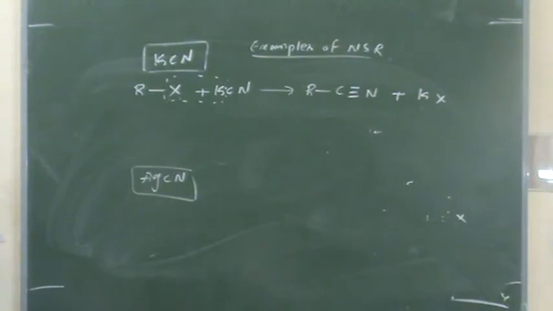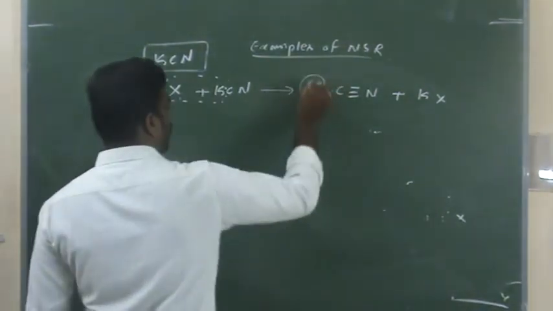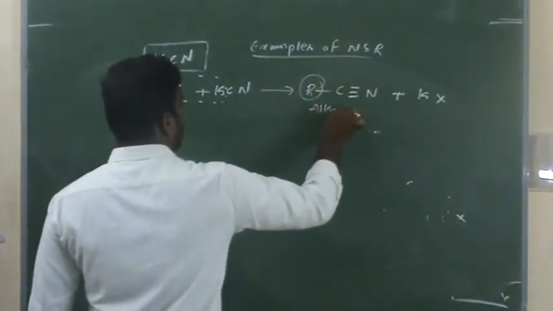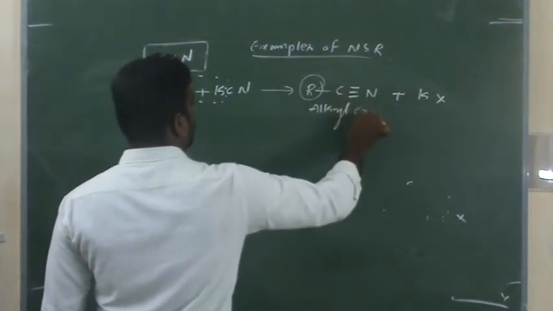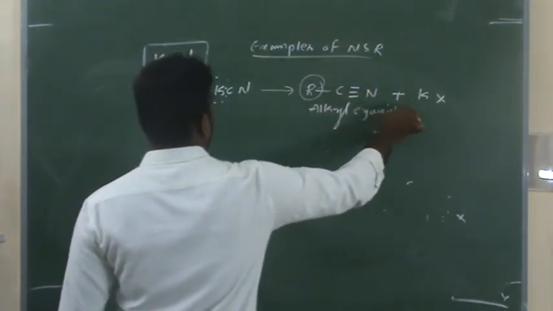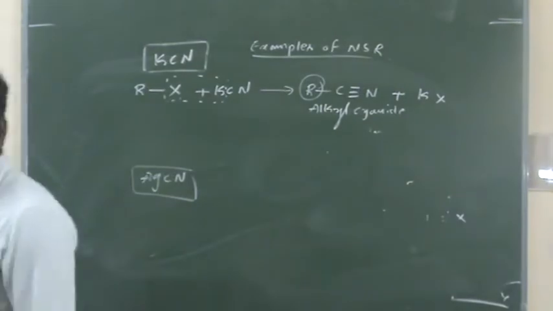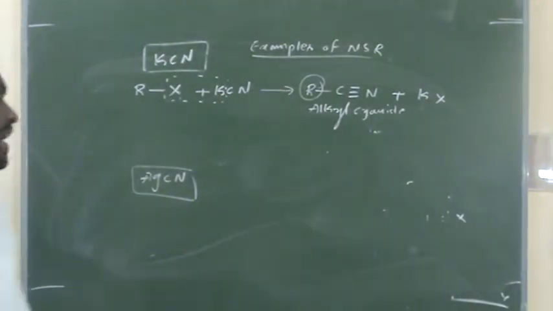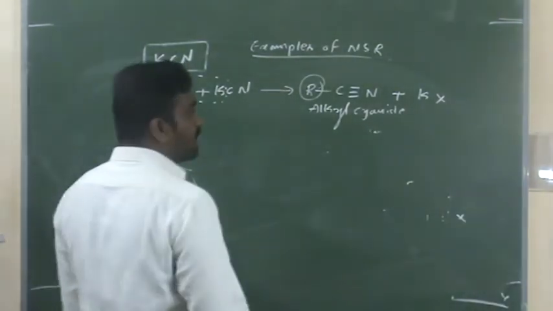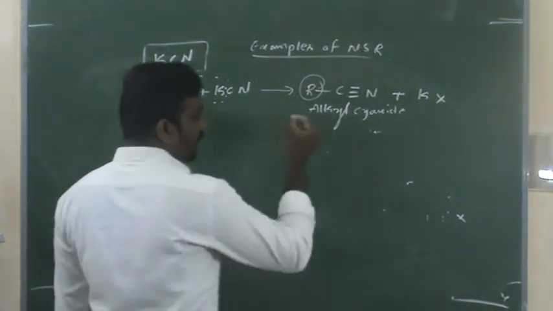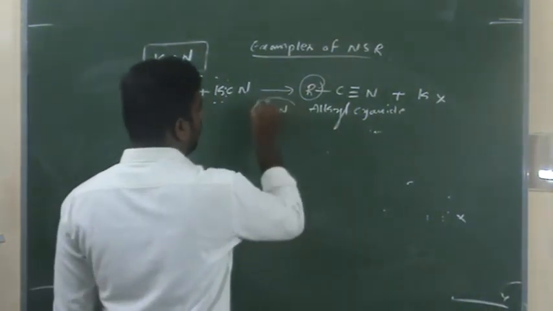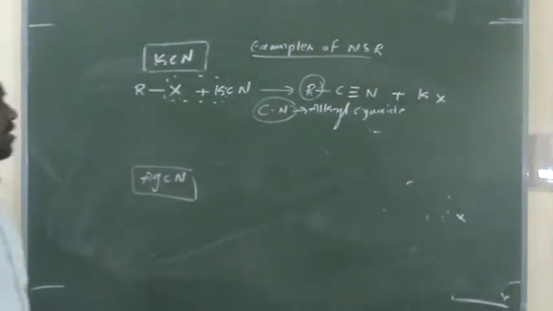That is very important. This R is called alkyl, and this is called cyanide. That's why this is called alkyl cyanide. Alkyl cyanide is a common name.